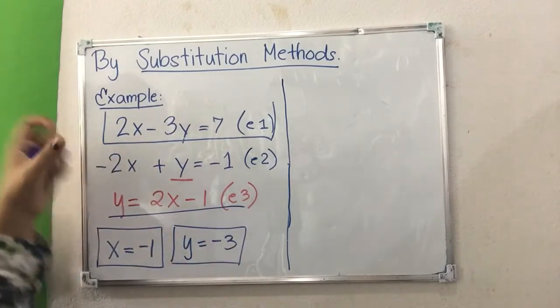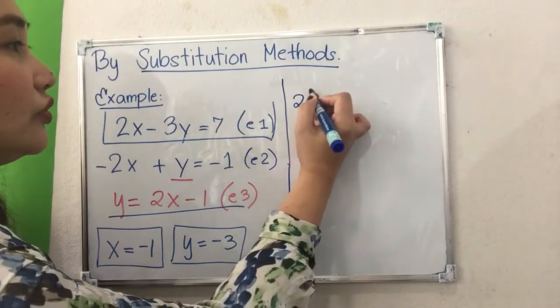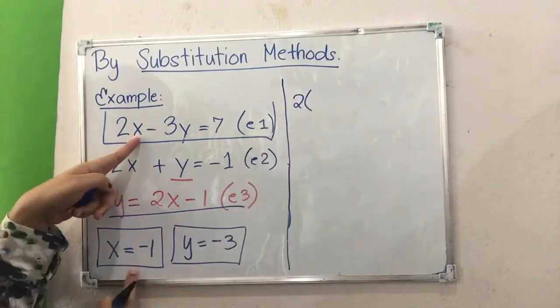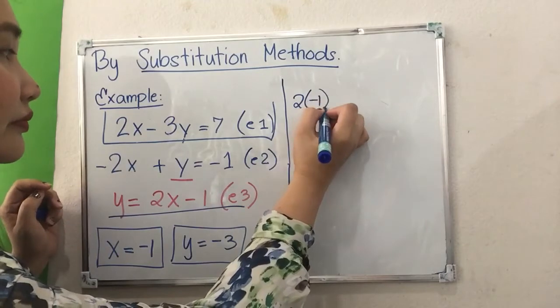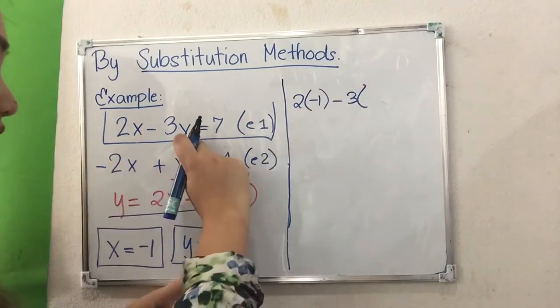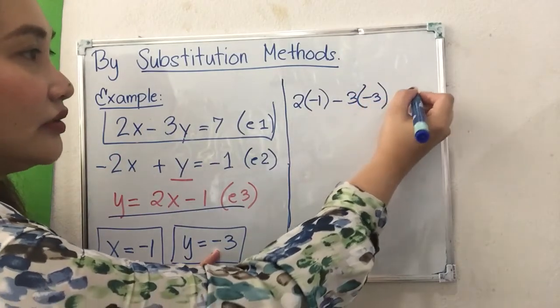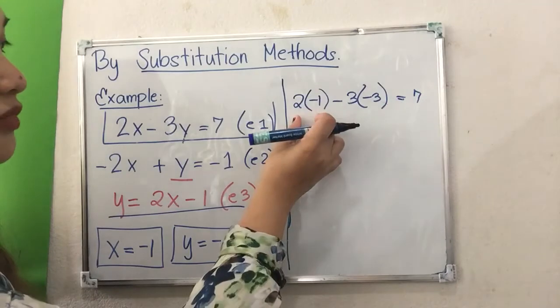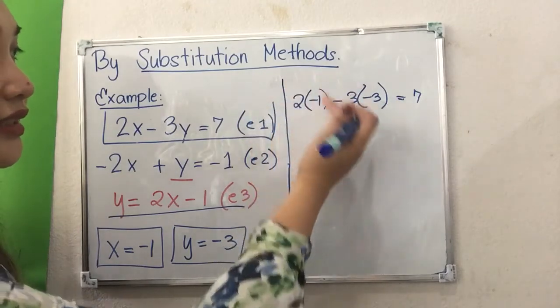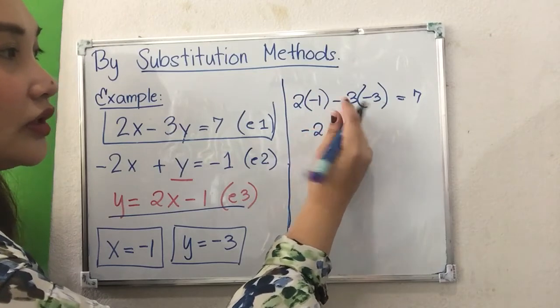Let's check equation 1 first. We have 2 times the value of x, negative 1, minus 3 times the value of y, negative 3, is equal to 7. Simplify: 2 times negative 1 is negative 2.